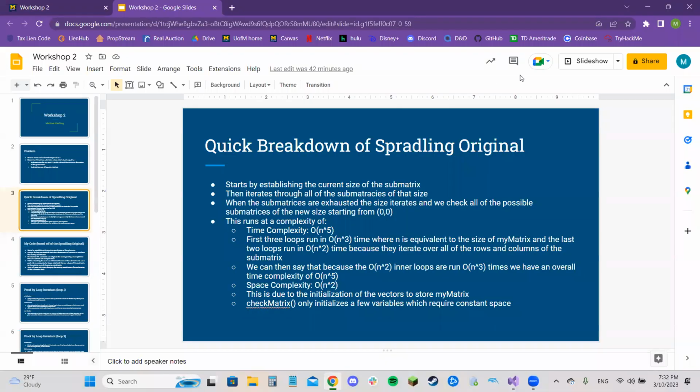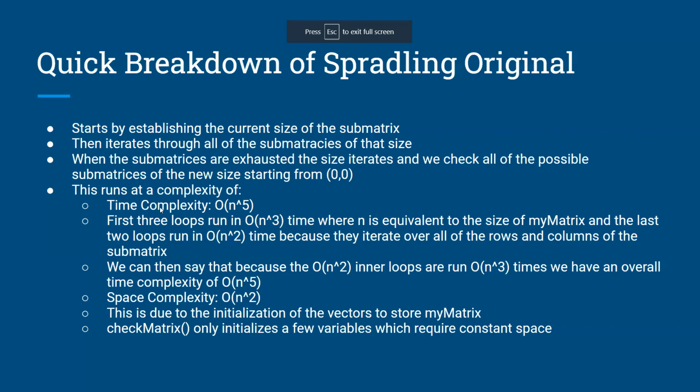Now, as you can see here, the time complexity for this brute force is going to be big O of n to the fifth. This is because those first three loops run together in big O of n cubed time, where n is equivalent to the size of my matrix.